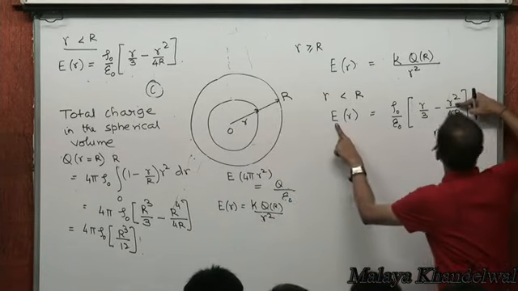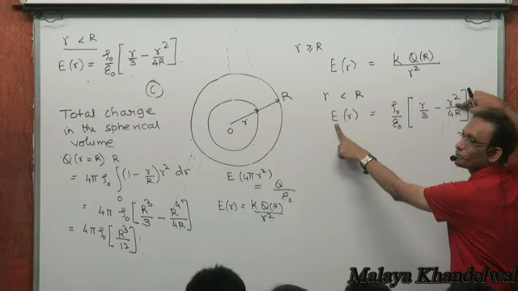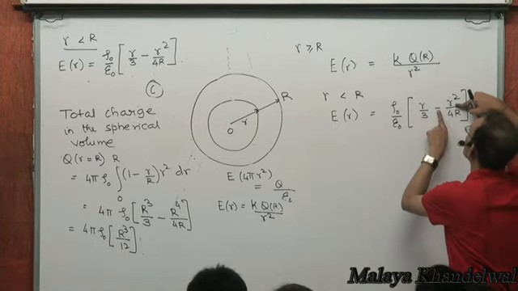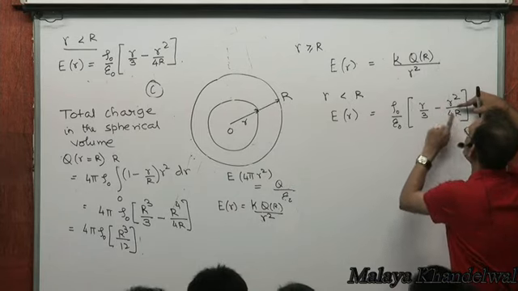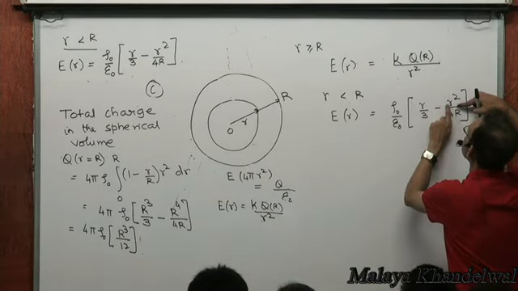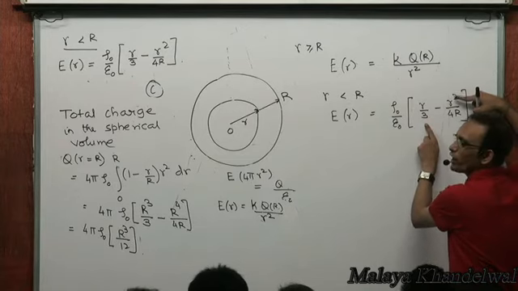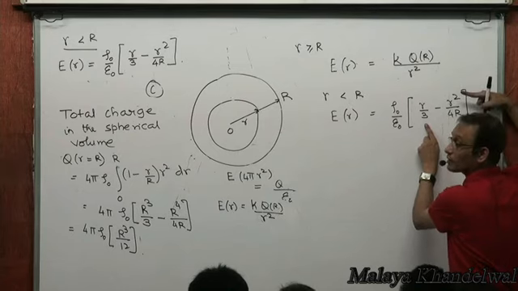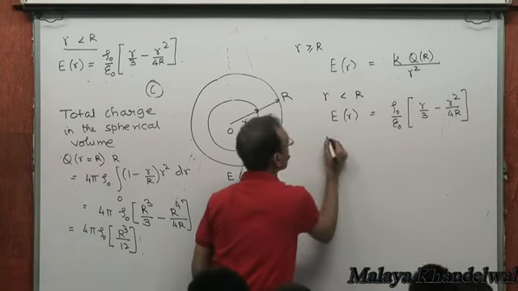Realize that E versus small r is a downward opening parabola. Do you see that? Why? Coefficient of r squared is negative. It's a downward opening parabola with roots being r equal to 0 and r equal to 4R by 3. But it doesn't go all the way to 4R by 3 because 4R by 3 is greater than capital R, right? So it goes only up to capital R, right?